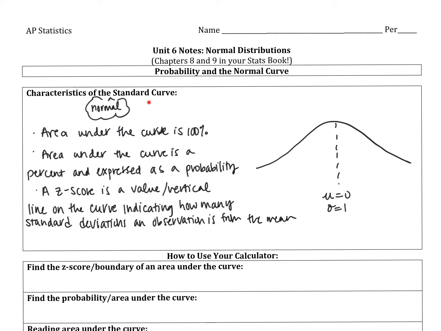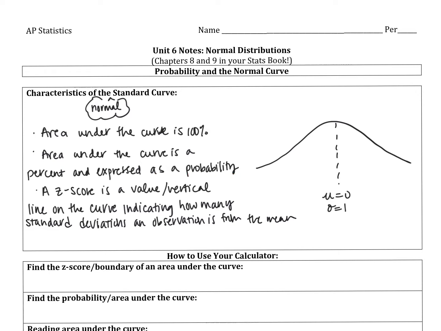Here are some characteristics of a standard curve and the standard normal curve. Okay, area under the curve is 100%, so everything underneath this curve is 100%. Area under the curve is a percent and it's expressed as a probability.